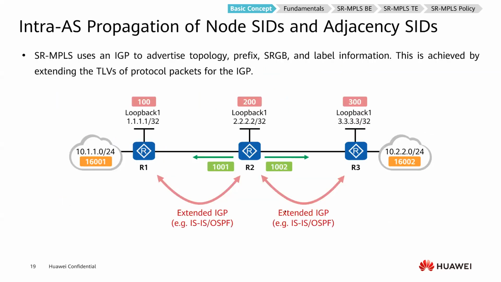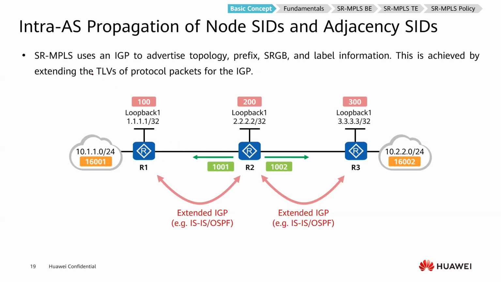Okay, there will be some other things, like intra-AS propagation for the node segment and adjacency segment. In one word, they use extended IS-IS and OSPF to carry this kind of information, like the node prefix segment and adjacency segment.